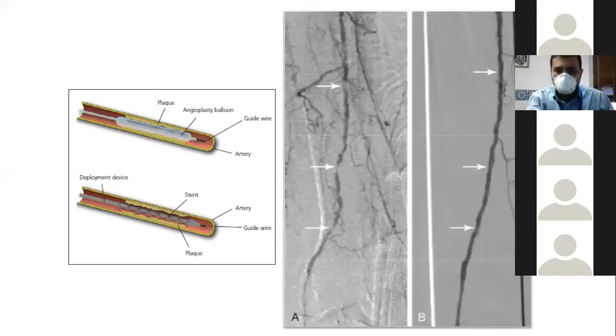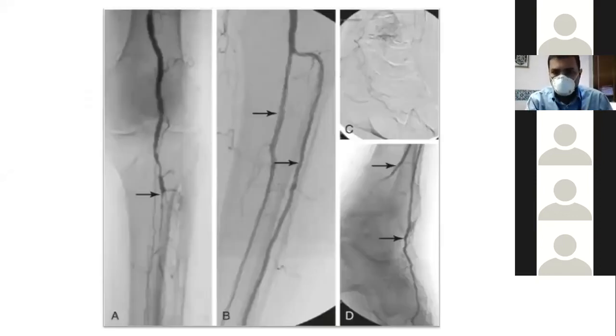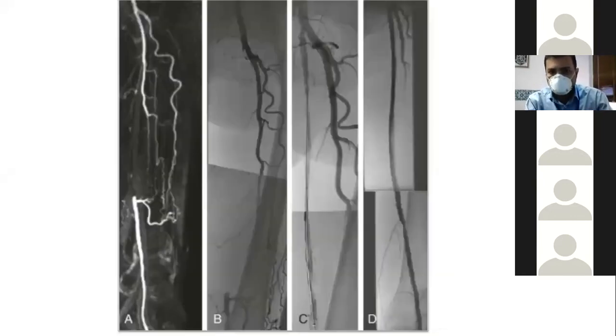These are some images showing how revascularization of the anterior tibial artery has been done. This is the common femoral showing the profunda and the SFA which is blocked, and through a wire which has been placed, angioplasty is done, showing revascularization.